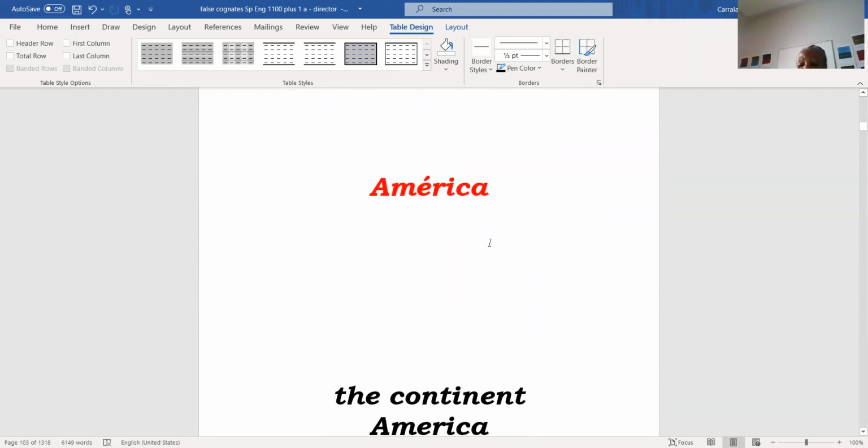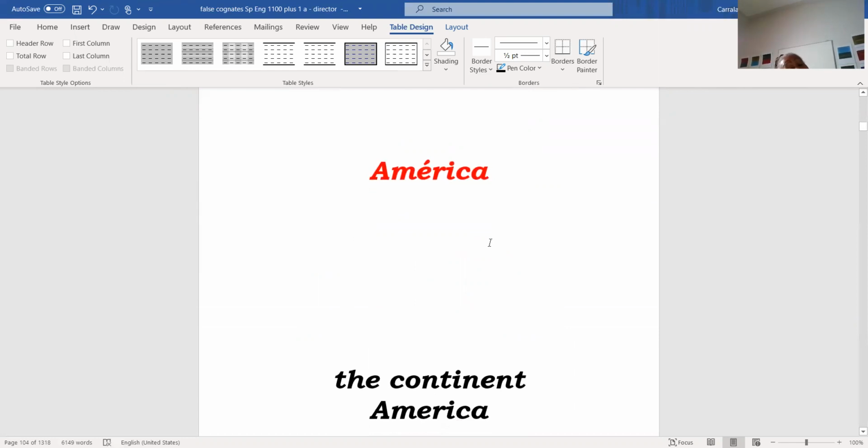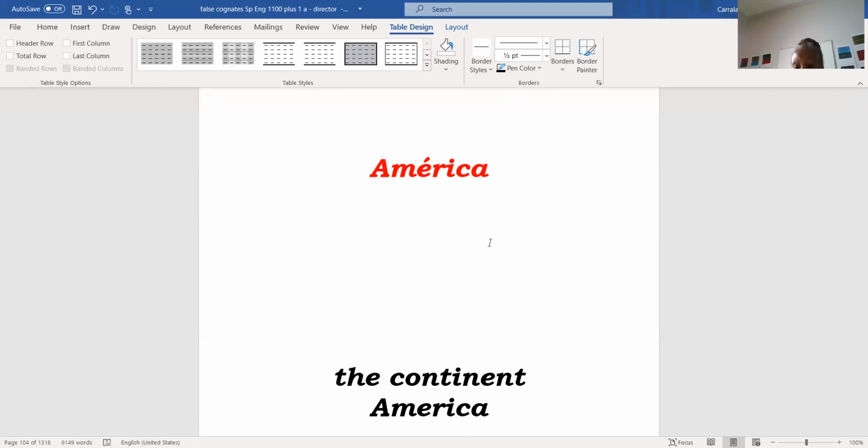America. Now this depends on your politics. America is not the United States. United States is Los Estados Unidos, United States. America is the continent, America. And you have North America, South America.